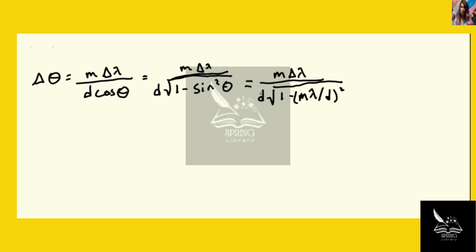So now what we can do is bring this d into the square root, so just multiply everything by d squared.